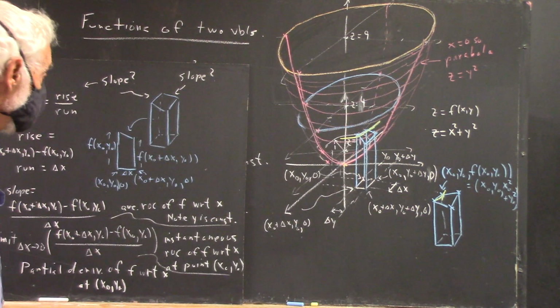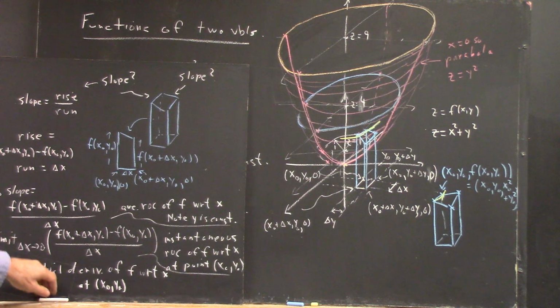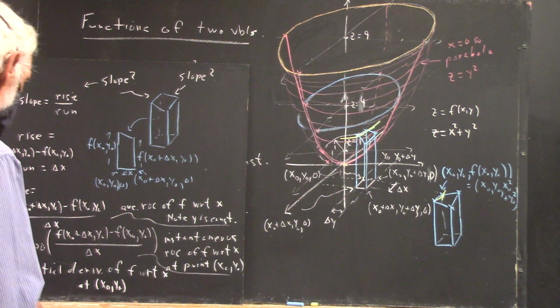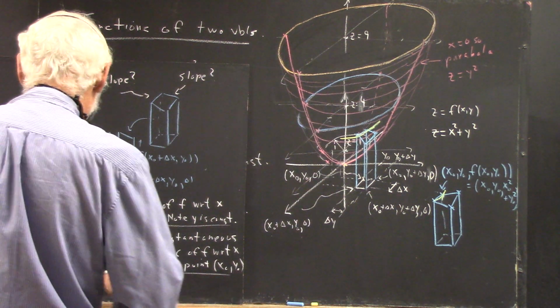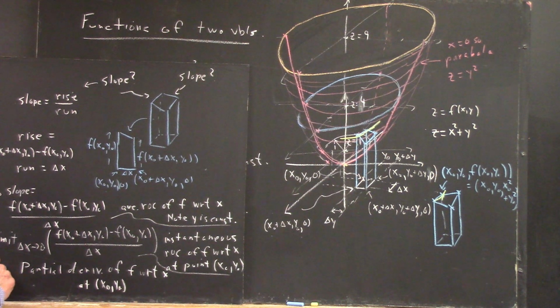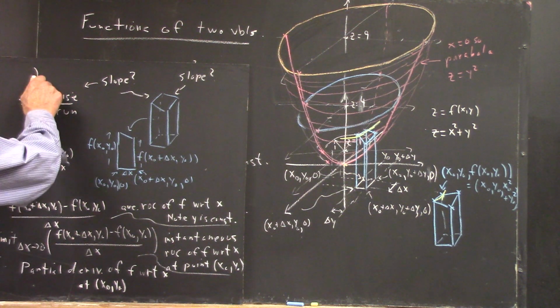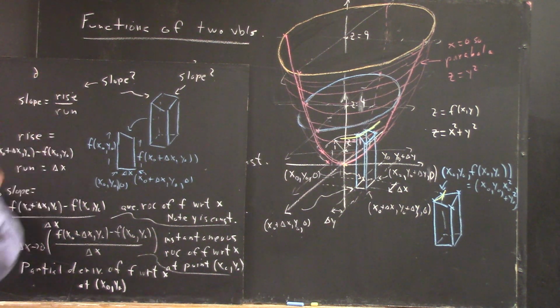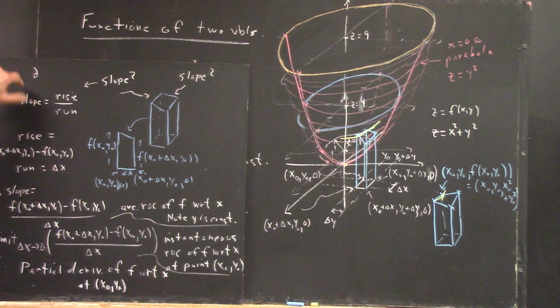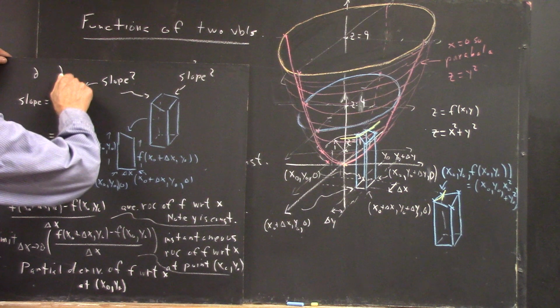Okay, well, there's a notation for that, kind of like the derivative notation. Okay, this is a Greek delta, and it's hard to draw on the board because I think the chalk is a little rough.